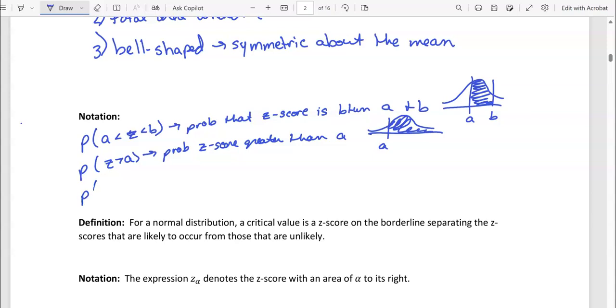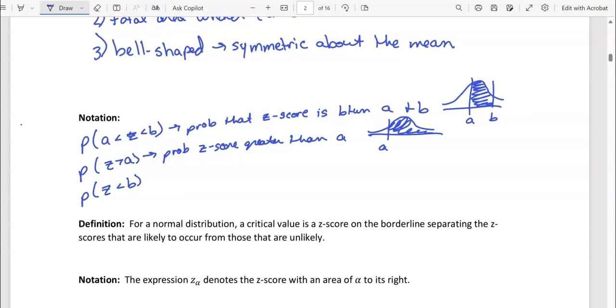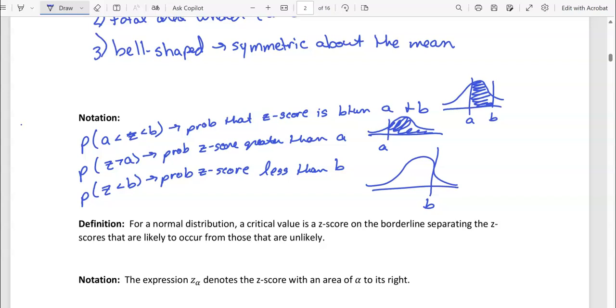And then the last one, probability Z is less than B. So here's B. Less than would be over here. And where's that? Or less than B would be on the left-hand side.